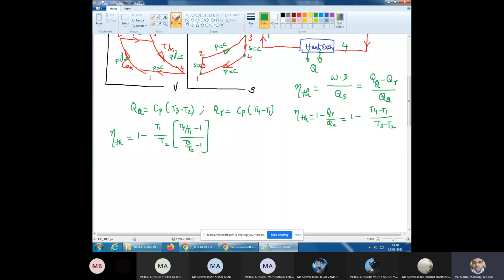Now, the 1 to 2 process is an isentropic compression process. So we know P1 V1 power gamma is equal to P2 V2 power gamma.